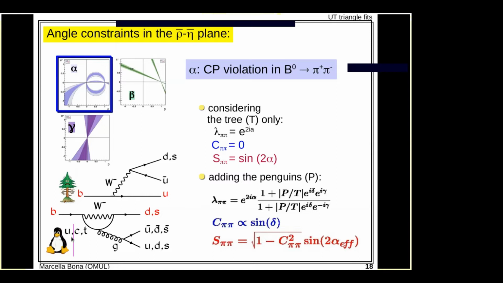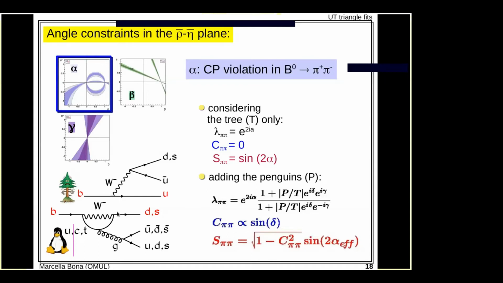Okay. However, in this case, because in the tree you have a b to u transition, which is rather suppressed from the CKM point of view, you have branching ratios that are rather suppressed, at the order of 10 to the minus 6 with respect to, for example, J/psi K0.